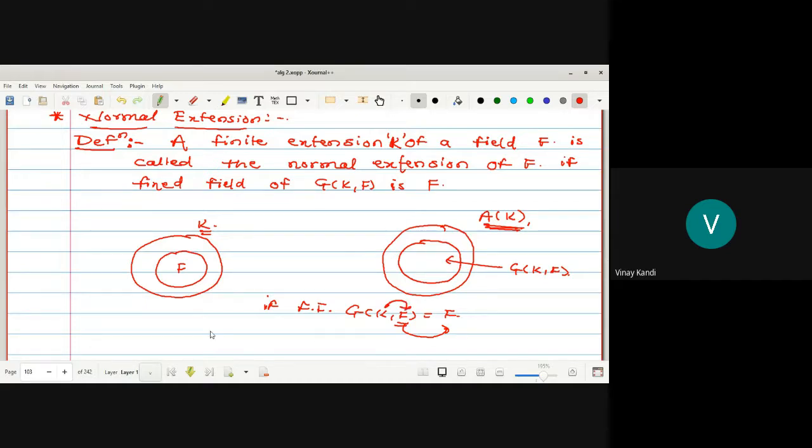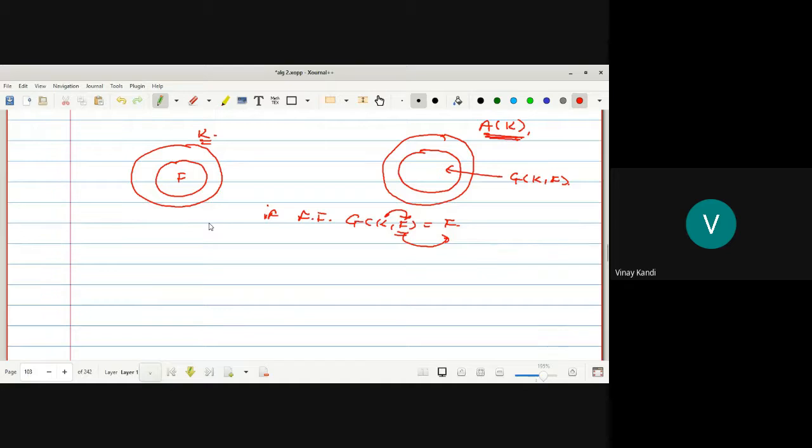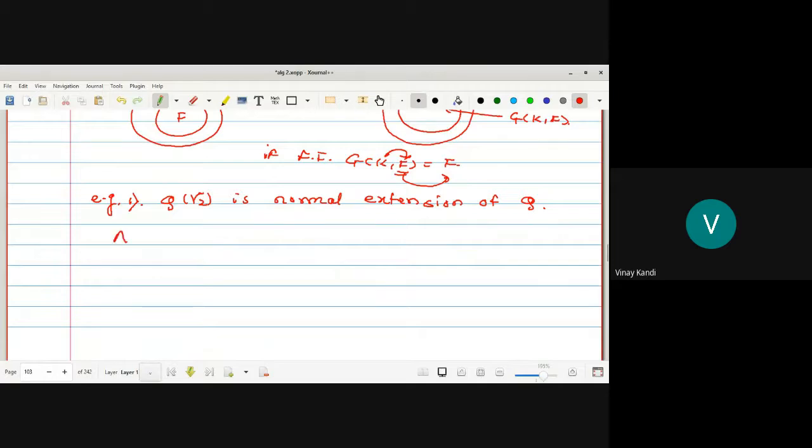Okay, look at here for the example. Q root 2 is a normal extension of Q. Why? Look at this one. What is Q(root 2)?